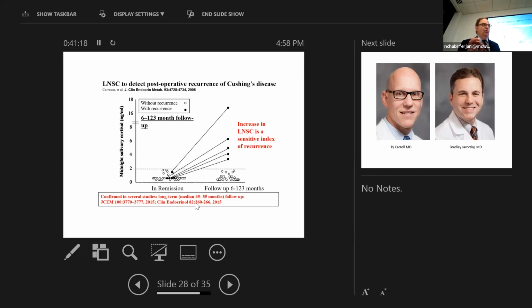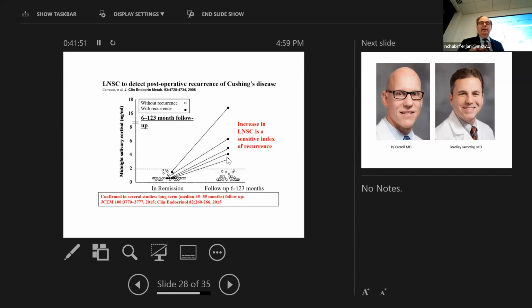Late night salivary cortisol elevations precede elevations of urine cortisol and may even precede abnormal dexamethasone suppression testing. And this is where it's become very valuable. And this is just one study which showed that, and there have been many others that have confirmed this. And in fact, I can just tell you this anecdotally in my practice, because I see so many of these patients, that this elevation may be sustained for quite a while before patients even have any clinical manifestations.